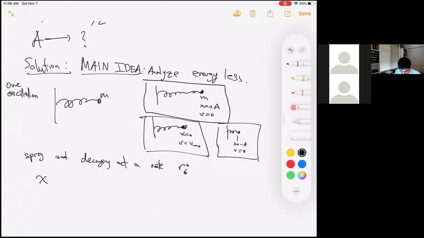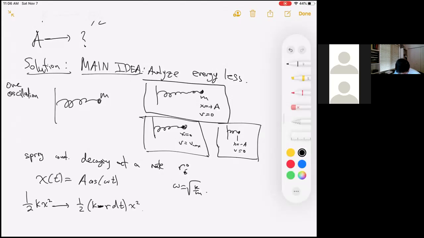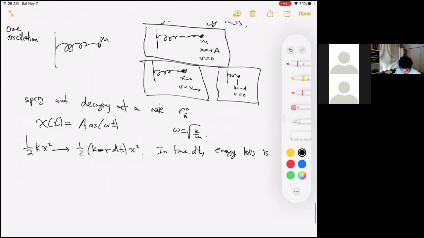Then we have the following. We have x of t is equal to, just for simplicity, a cos omega t. Omega is root k over m. Then at any point in time, the energy is going down from 1/2 kx squared to 1/2 k minus rt, so in time dt, the energy loss is.